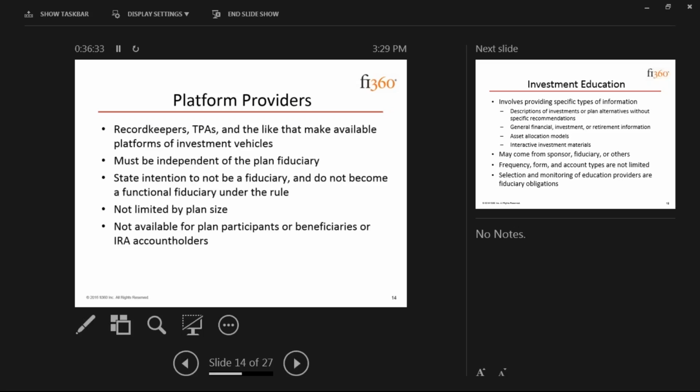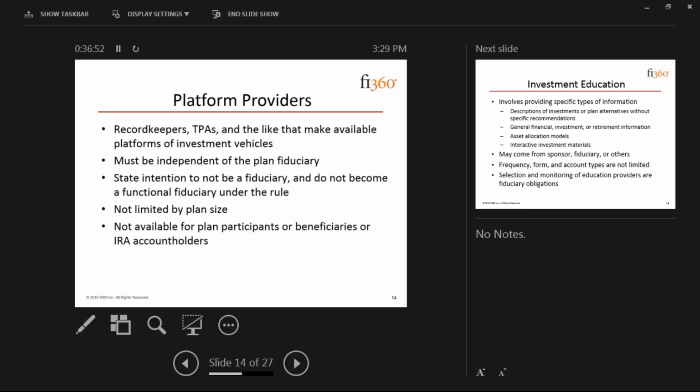Non-fiduciary communications, if you're a platform provider: the platform provider must be independent of the plan fiduciary. They must state their intention under the new rule that they're not a fiduciary, and this is important. Third bullet point, they must also not become a functional fiduciary under the rule.